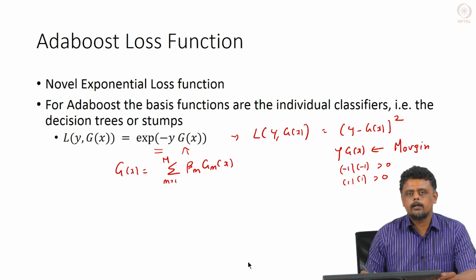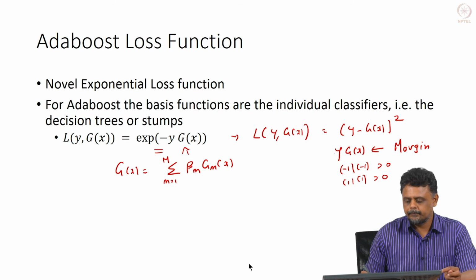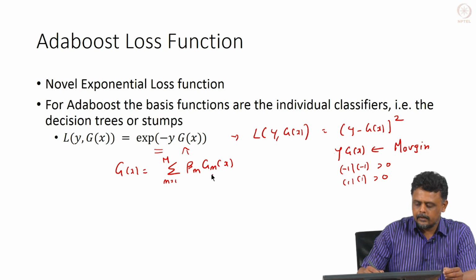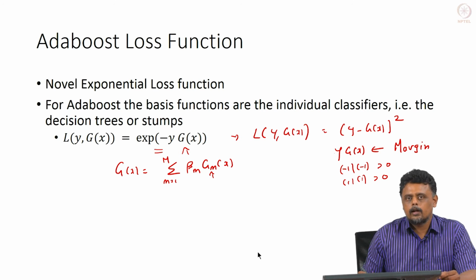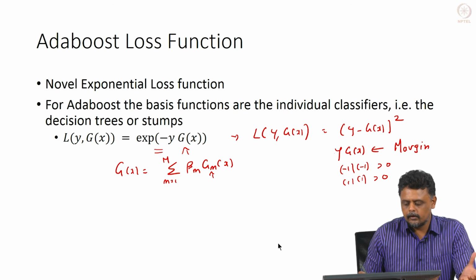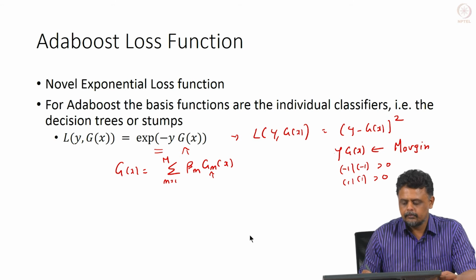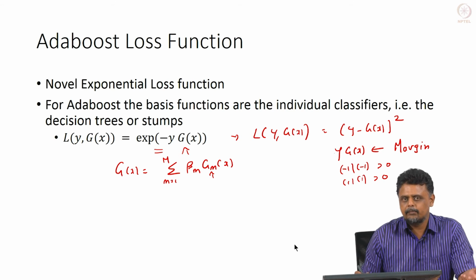Right, this is what we set out to do, and we wanted to optimize an appropriate cost function to estimate each one of them. Now, if you want to do it the right way, then you would eventually have a loss function that will try to estimate all of the parameters of g m and beta m in one shot by optimizing a cost function, but that becomes very complicated.